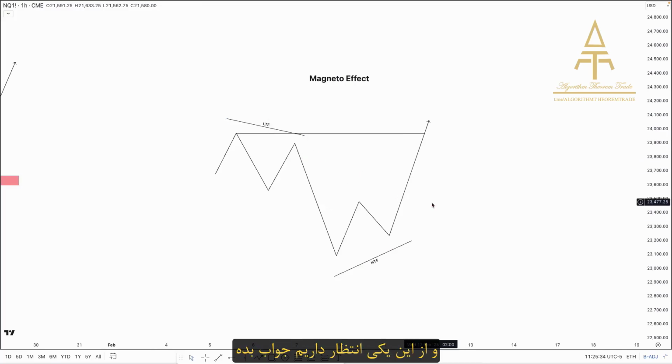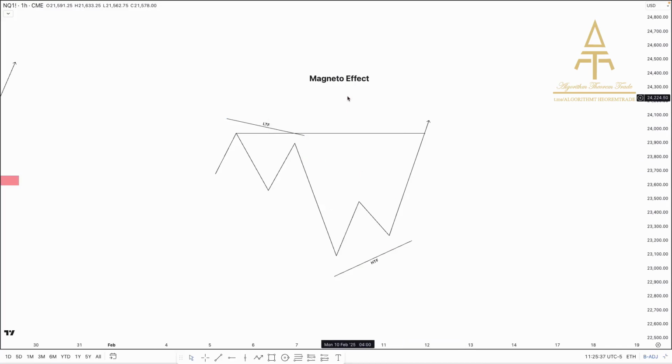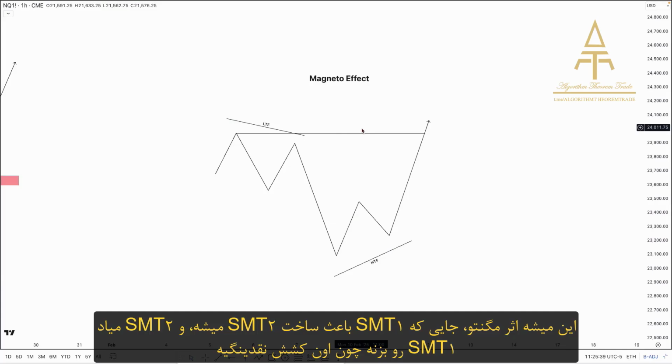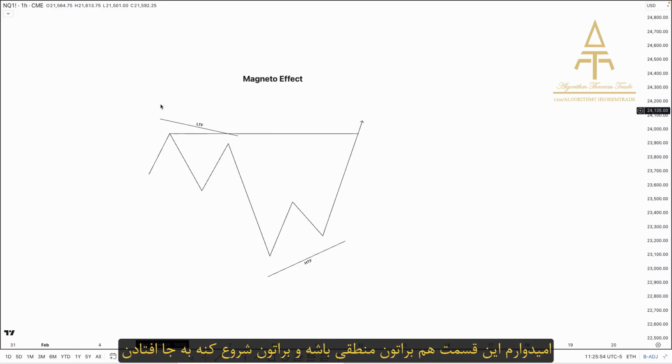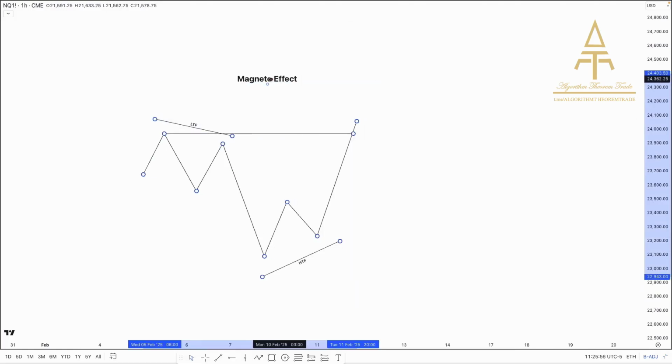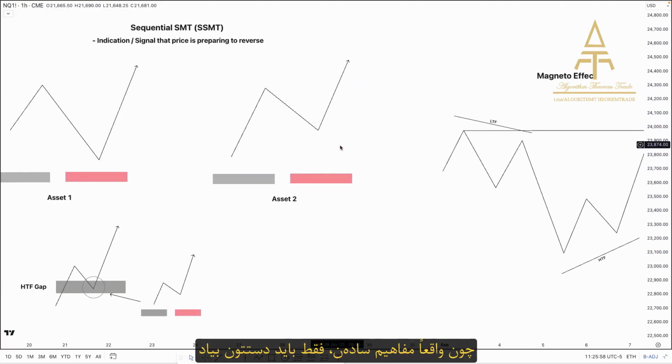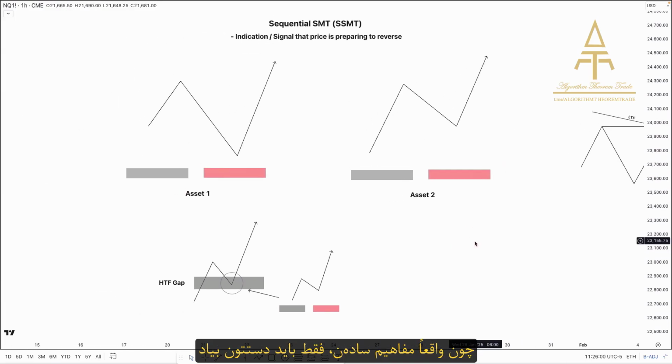We would expect this to work. This is the magneto effect, where SMT1 creates SMT2, leading SMT2 to target SMT1 as its draw on liquidity. So I hope this also made sense and it's starting to click. But it is quite simple once you get the hang of it.